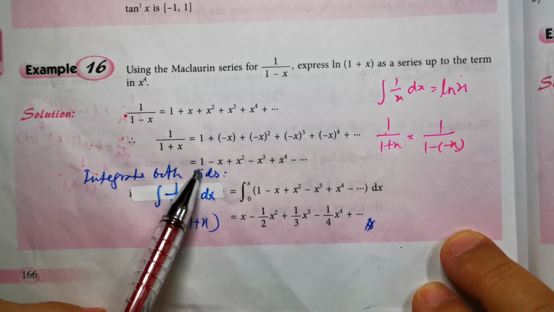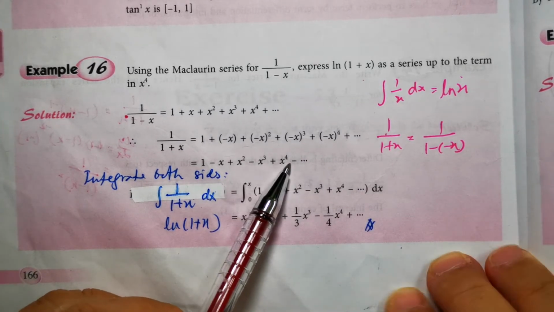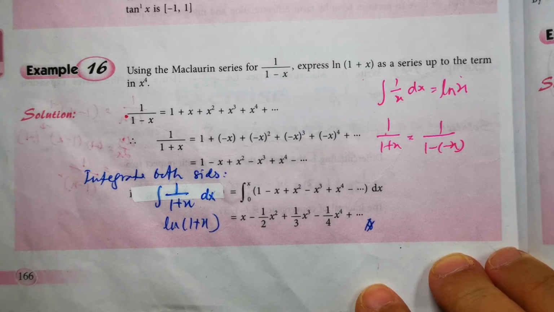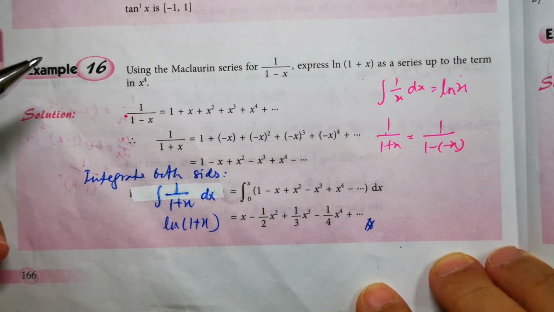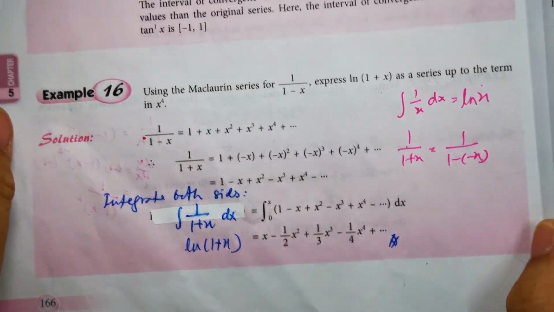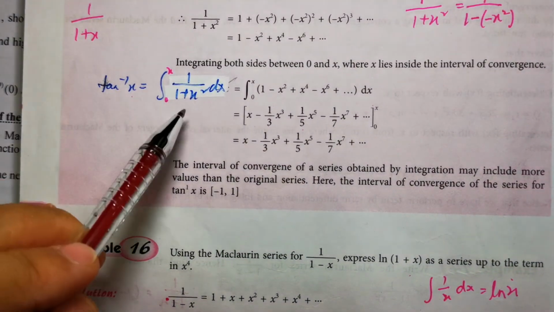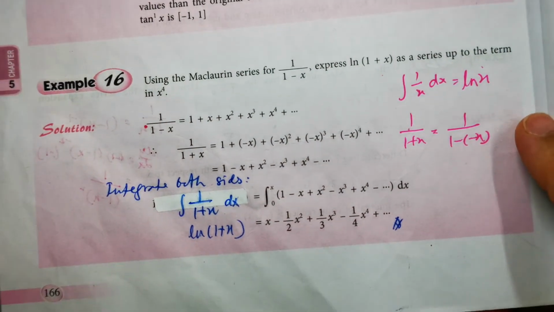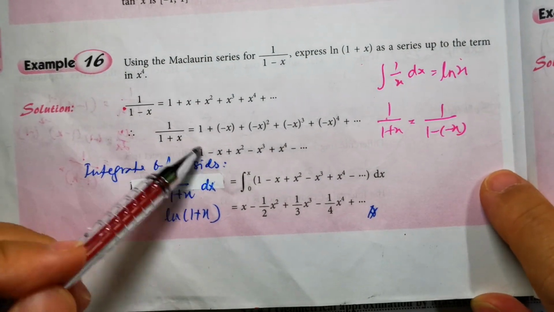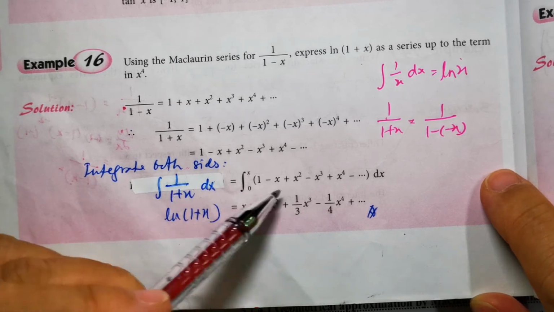Then simplify, and you get this expansion for 1 over 1 plus x. So now we integrate both sides. It is slightly different compared to the previous example, because this one is given. After we get this expansion, we integrate both sides.